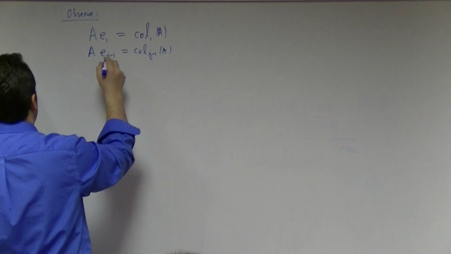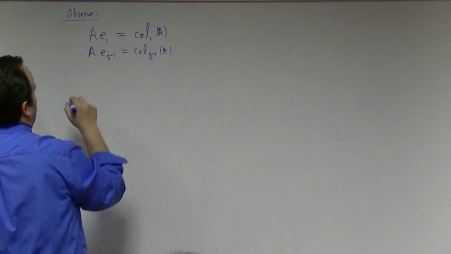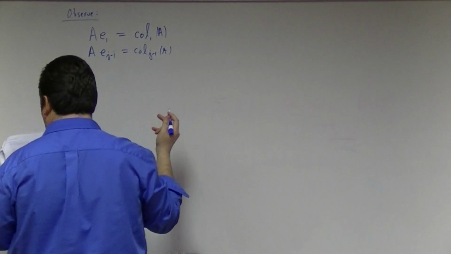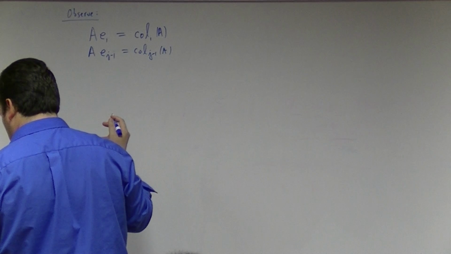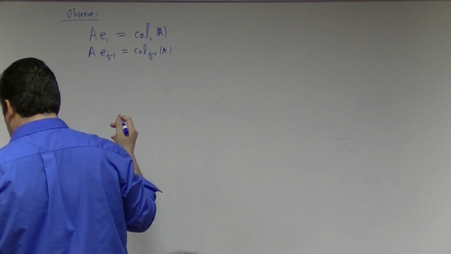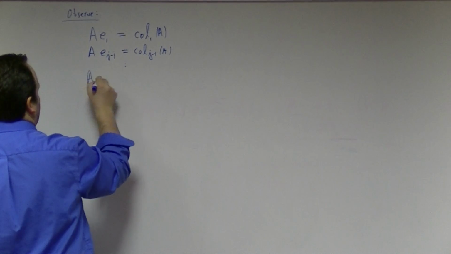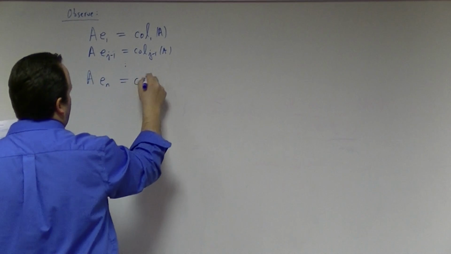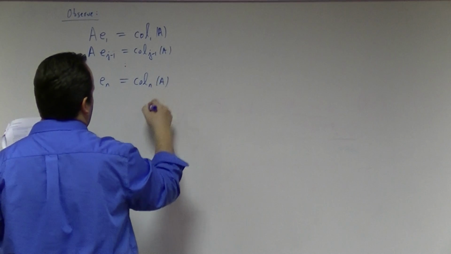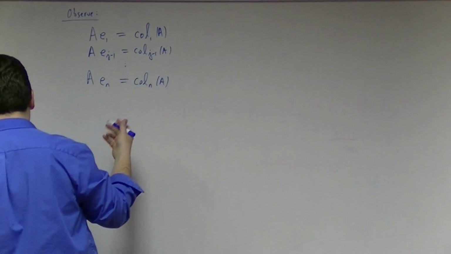A E_n is column n of A, that's true. Who cares? I mean, yeah, right?